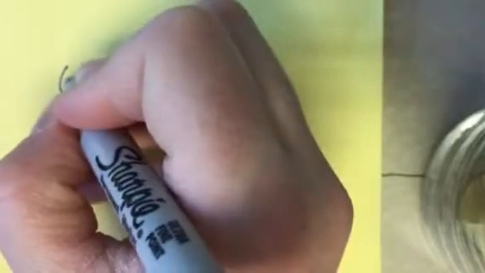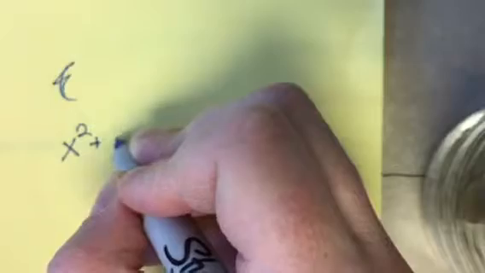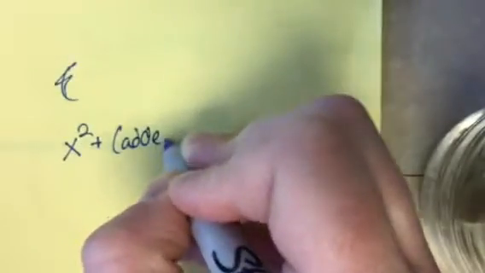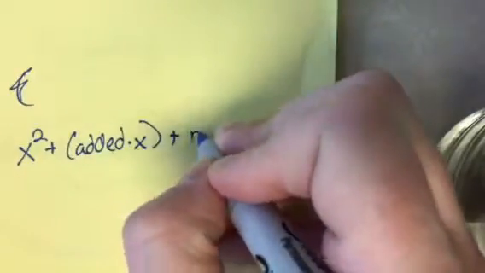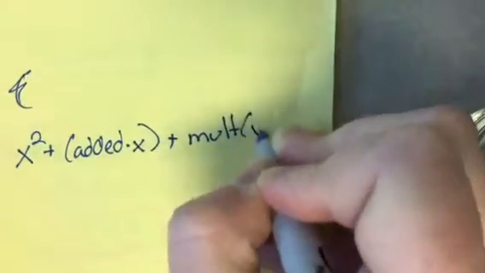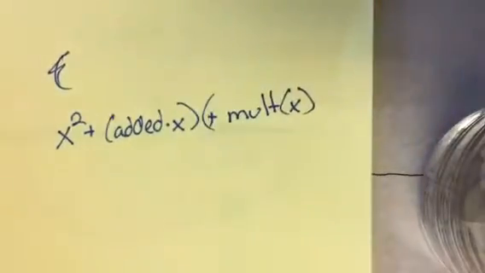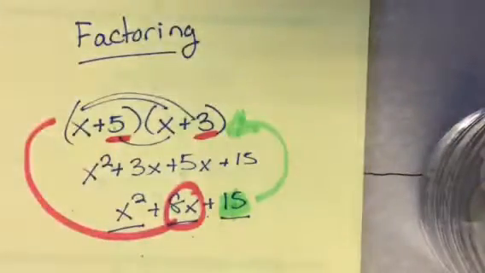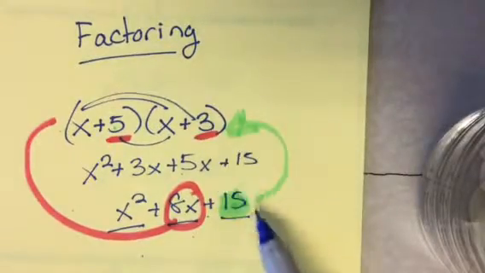It always ends up being x squared plus the numbers added times x plus the numbers multiplied. So that's the pattern we're seeing, and that's how we would unfoil or factor it: we're trying to figure out what parentheses it came from.